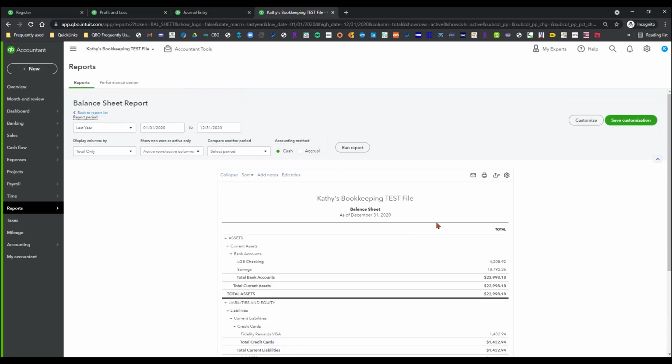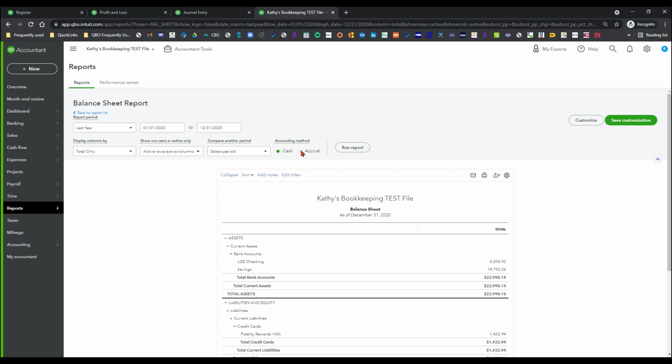I had to do some stuff behind the scenes with the owner's equity, as you'll see in just a moment. But the only two accounts that I put on here was the LG checking and the savings, and also the Fidelity credit card. I didn't want to fool with the other bank balances on here for my testing purposes.